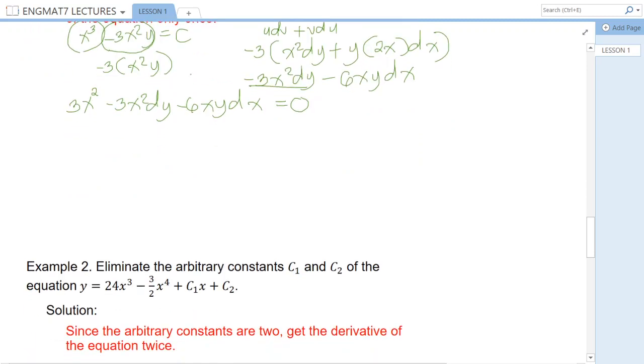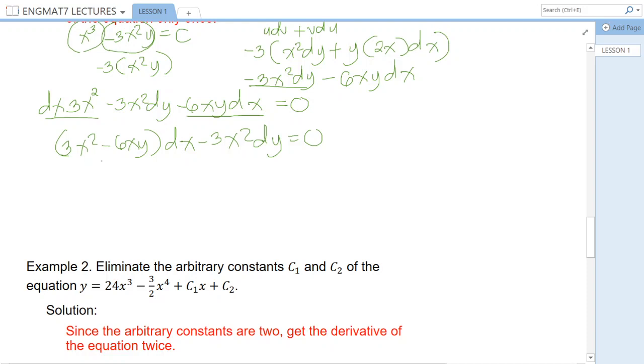We can combine these, since 3x squared is also in terms of dx. Bringing out dx, it becomes 3x squared minus 6xy, in dx, minus 3x squared dy equals 0. That is our final answer.